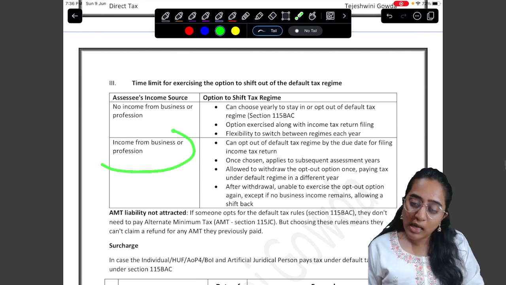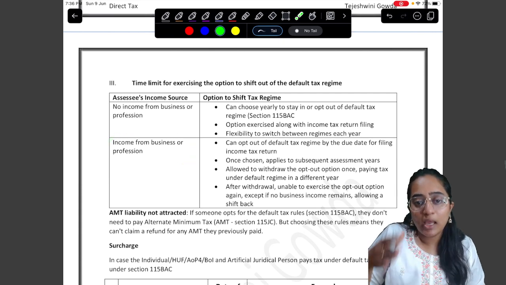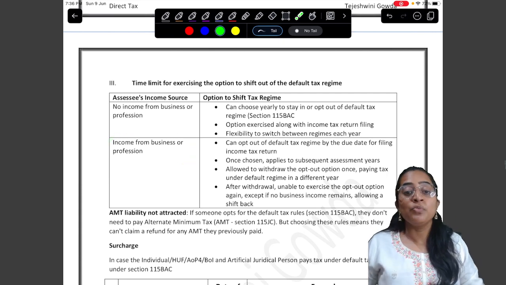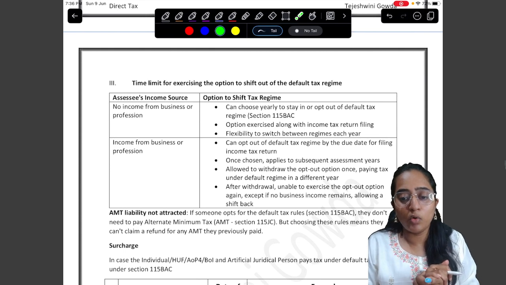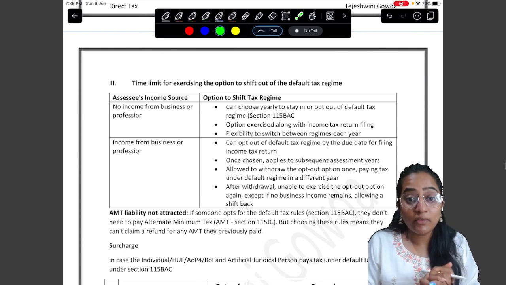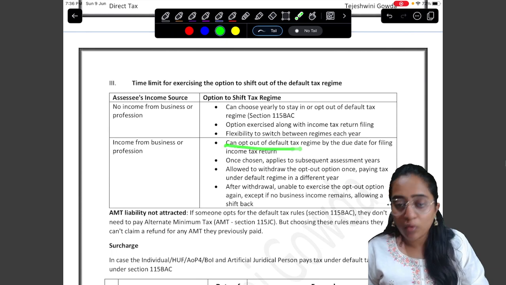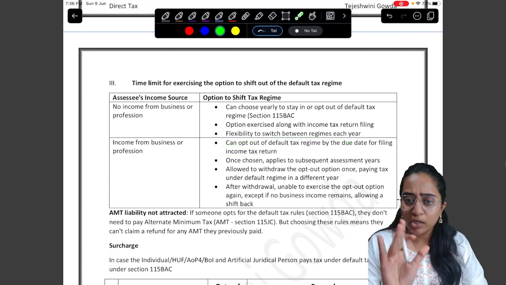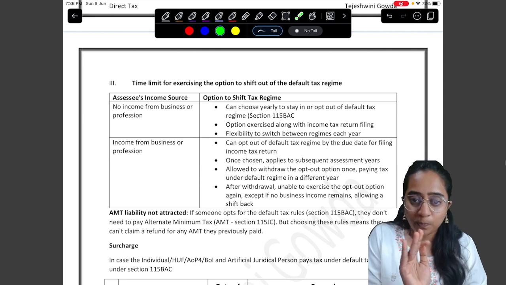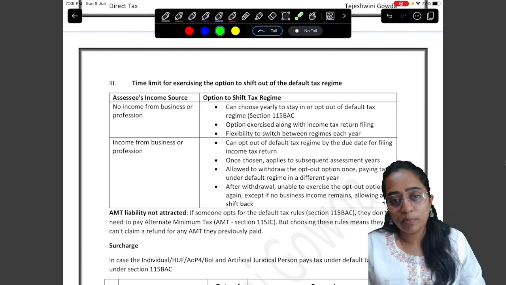If you're an individual, HUF, AOP, BOI, AJP and you're having business income, what you can do is opt out of the default tax regime. If you want to opt in, opt in. Can you opt out? Yes, you can opt out.